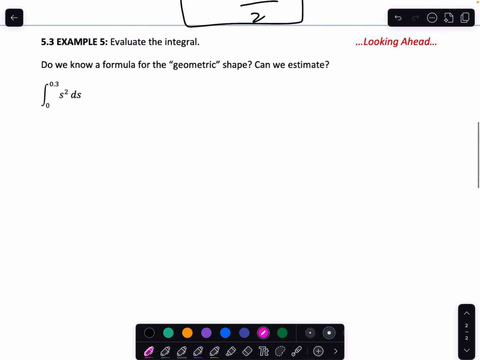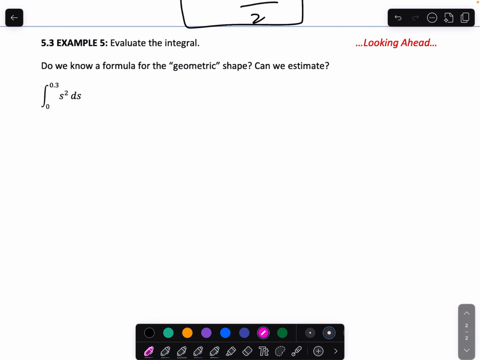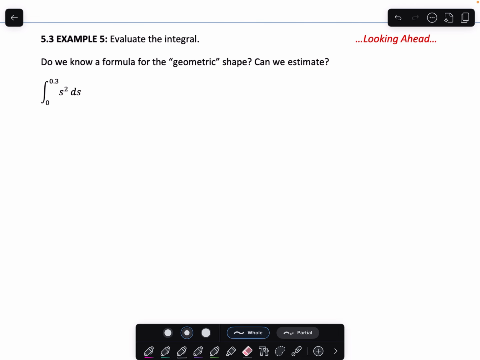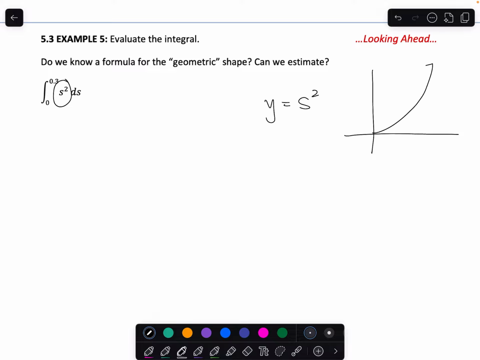So looking at this next example here and moving forward to what we're going to be seeing a lot more of in section 5.4, in this instance, if I gave you this integral and I said, hey, evaluate it, you would say, well, that's my function, y equals s squared. And if I were to graph that, it would look like a parabola.